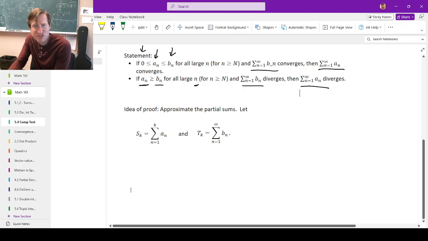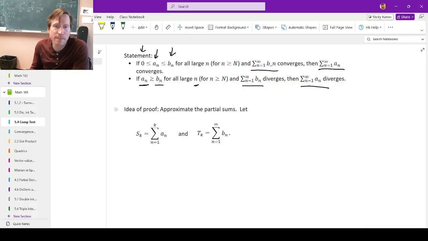And we're going to prove this just by using the partial sums. Okay, so the partial sums for the a series, I'm going to call those S, and the partial sums for the b series, I'm going to call the T's. So T sub k. Oh, this should be a k right here.